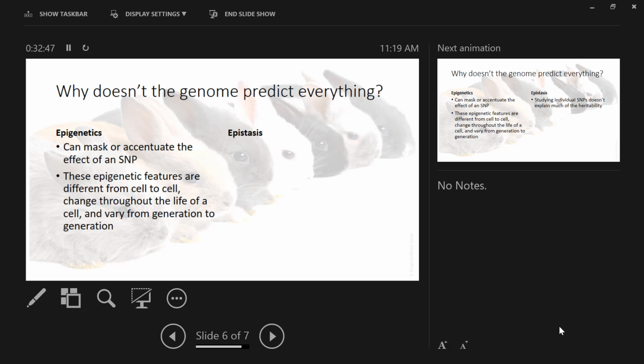They change throughout the life of a cell. Your diet, your particular environmental stressors, I mean, the amount of times you're hugged as a child, right? All of this is going to impact epigenetic signatures in your cells. And then they are also going to vary from generation to generation.